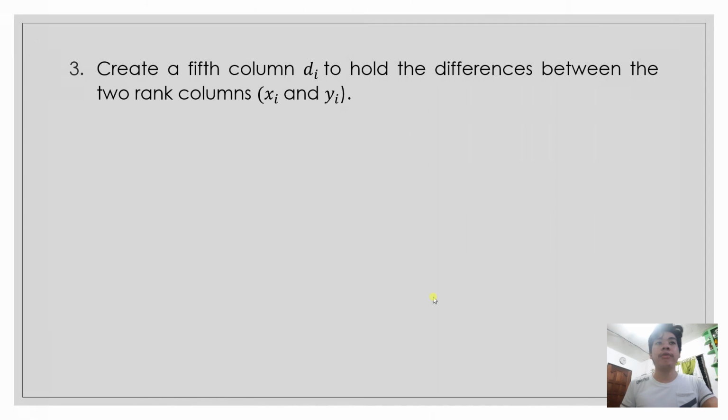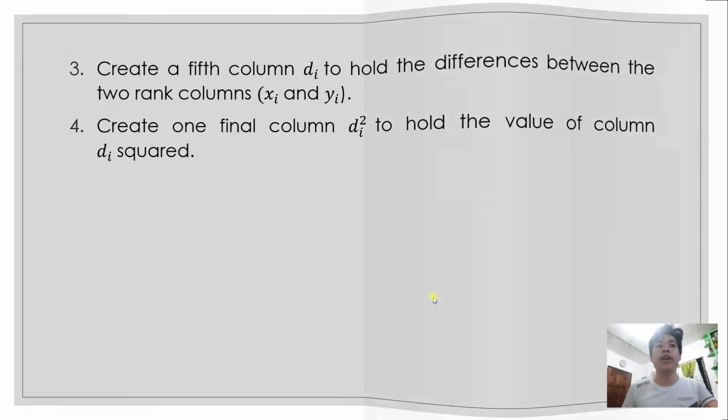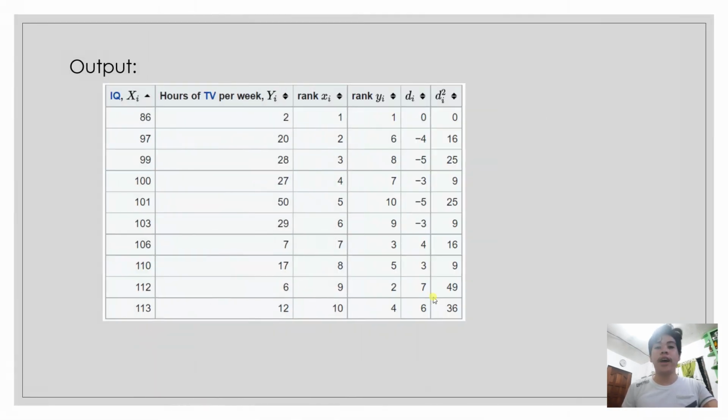Third, create a fifth column named d sub i, to hold the difference between the two rank columns, our first variable and second variable. And lastly, create one final column to hold the value of d sub i squared. This is the output of the steps that we talked about earlier.